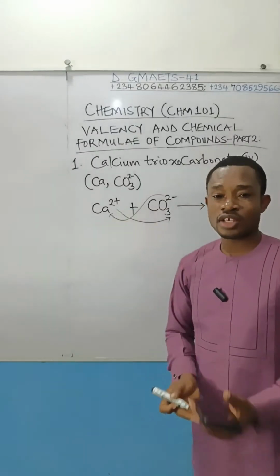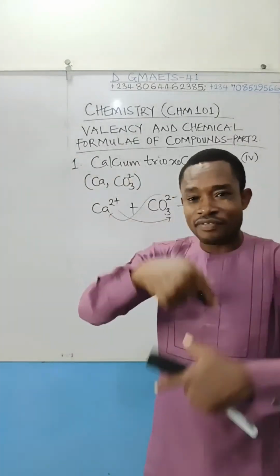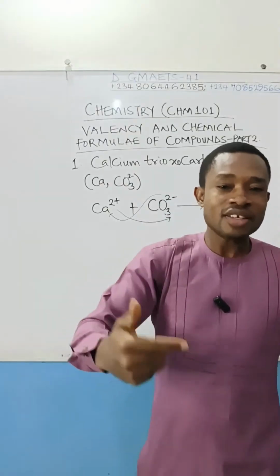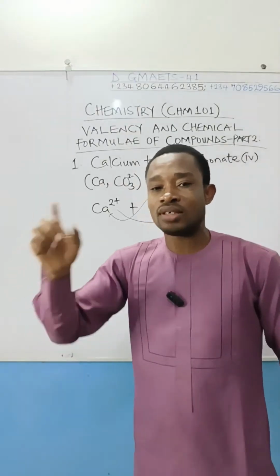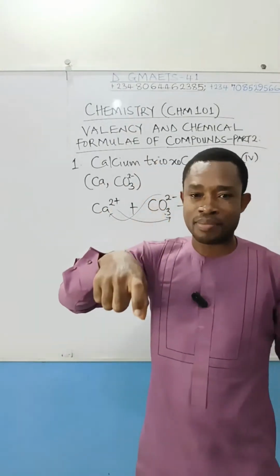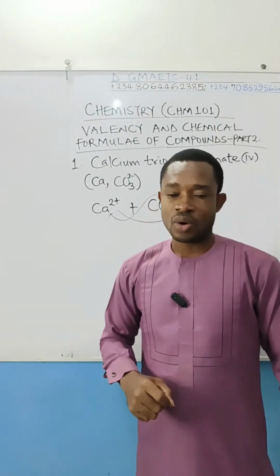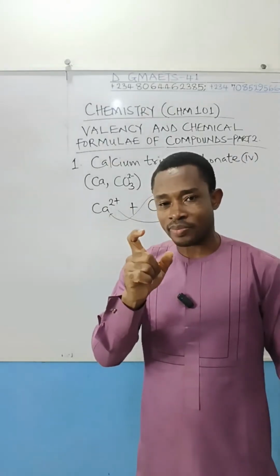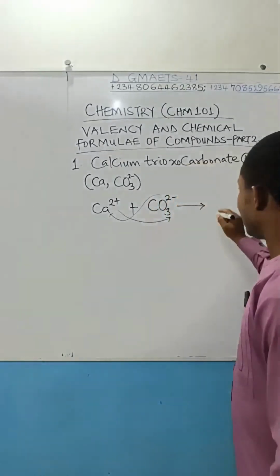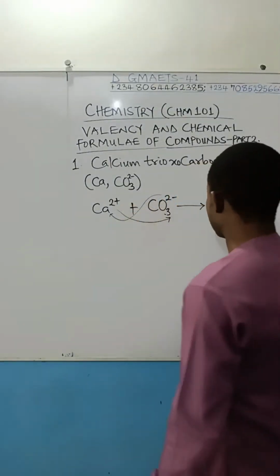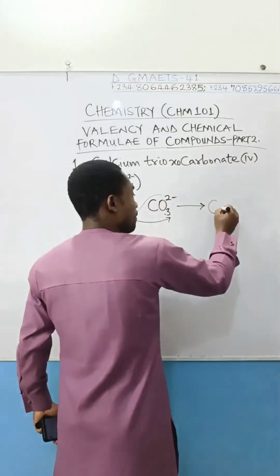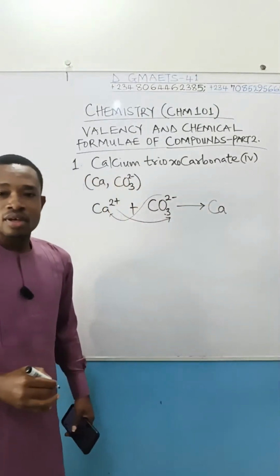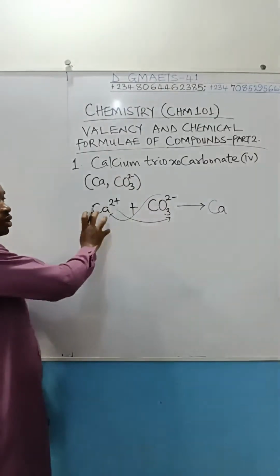In our previous class, I told you that once they interchange their valencies, the valencies will now become atomicities of the elements that make up the compound. Where we define atomicity as the number of atoms of each element present in a compound. When this happens, you combine them together. So we're going to write the positive ion first, which is calcium.